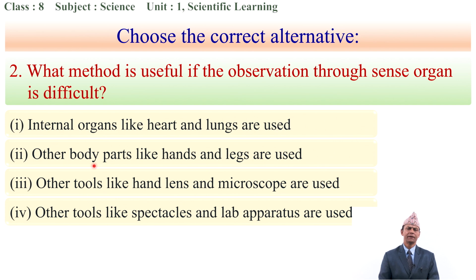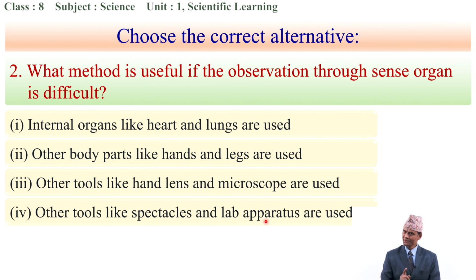Or the second one, other body parts like hands and legs are used. Or the third one, other tools like hand lens and microscope are used. Or other tools like spectacles and lab apparatus are used. We have to find the best answer among these alternatives.